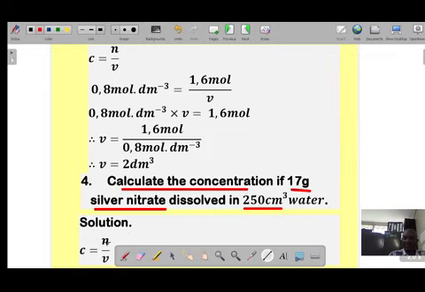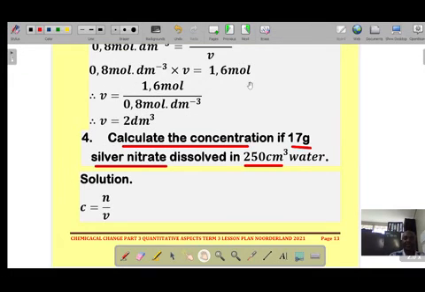What about our N? Anybody who remembers how to get N? N equals mass over molar mass. So the mass given to us is 17 grams. We can get the molar mass for silver nitrate from the periodic table. Let's check it out here.